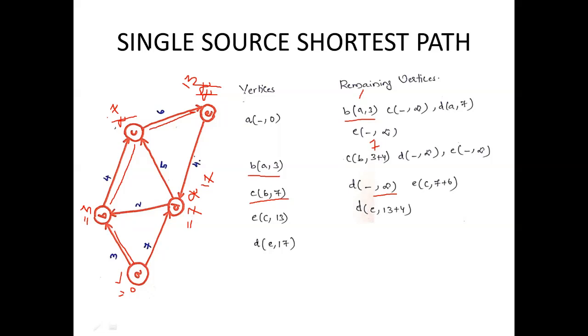So now you can update this and connect this. Now you can see the shortest path from A to D, including all the vertices, is 17. So this is your shortest path.